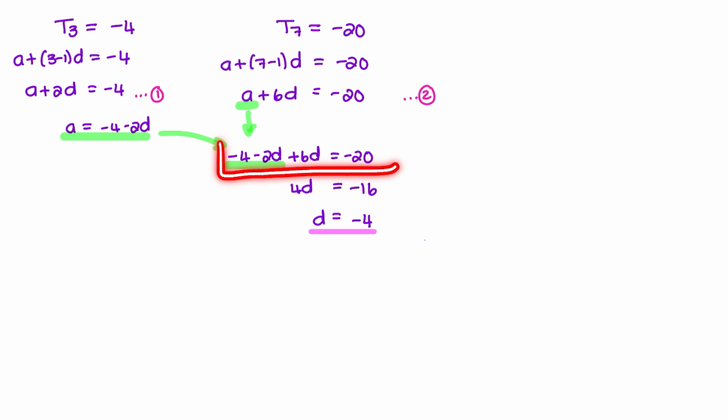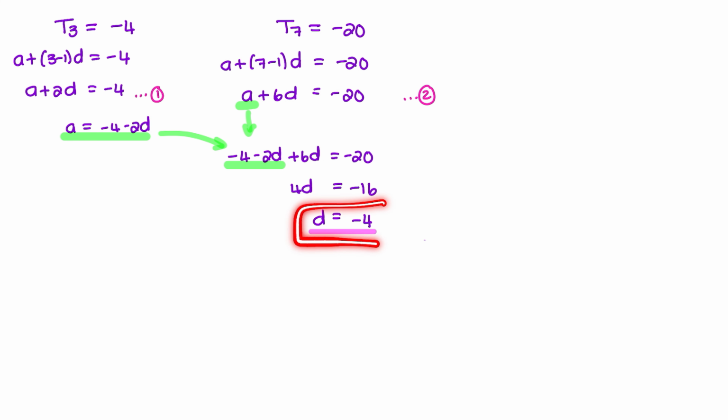Now we have an equation that only consists out of d's, and that allows me to solve for d. So I take the -4 to the right-hand side, and that becomes +4, which simplifies to -16. And -2d plus 6d simplifies to 4d.